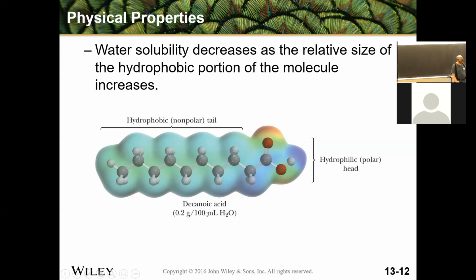And so decanoic acid, 10 carbons, is only 0.2% soluble in water. It has a polar head, but most of the molecule is this hydrophobic tail, and the London dispersion forces tend to dominate.